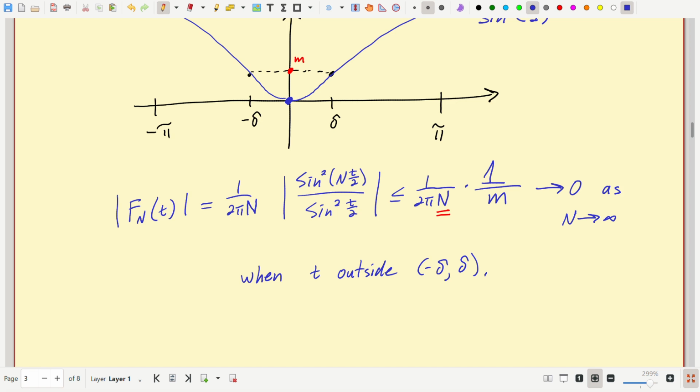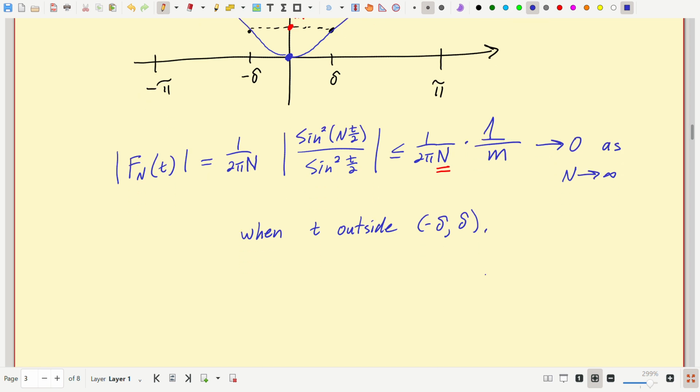Okay, and those 4 things are exactly what's meant by a good kernel. A good kernel satisfies 1 through 4. So Fejér is a good kernel.